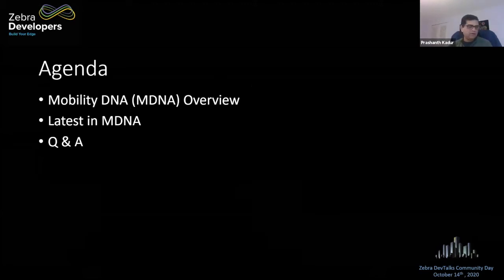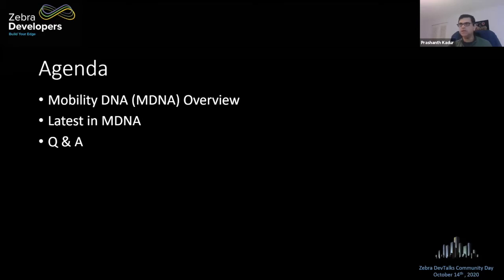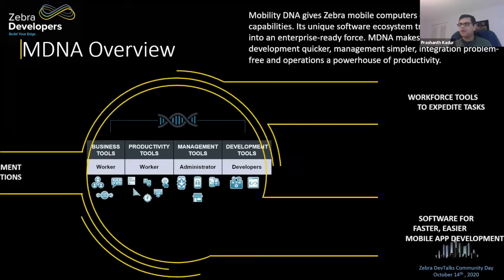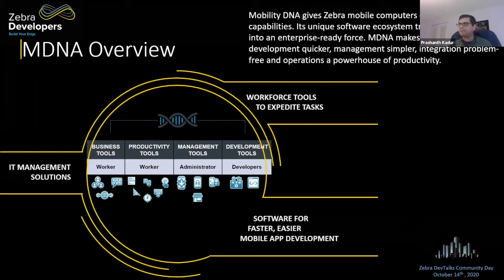There are a lot of things that keep coming in MDNA. I'll try to be as brief as possible, and then there is plenty of information available online, so you can go and take a look at it. And MDNA, overall, you can see that here there are 4 categories: business tools, productivity tools, management tools, and development tools or developer tools.